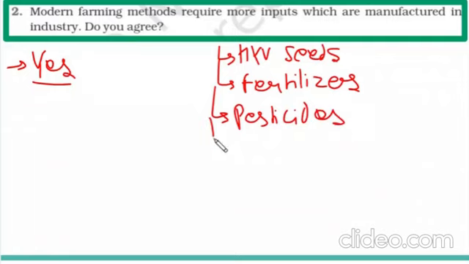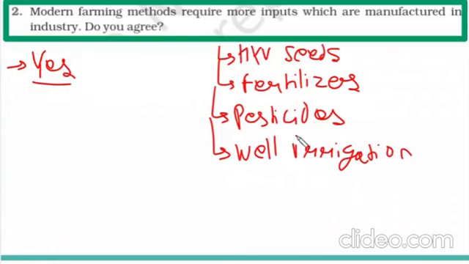It even requires well irrigation, a well irrigation system is also required. Now, when I talk about all of these things, HYV seeds, high yielding variety seeds, where do I get them? Factories. They are made in factories only, right?